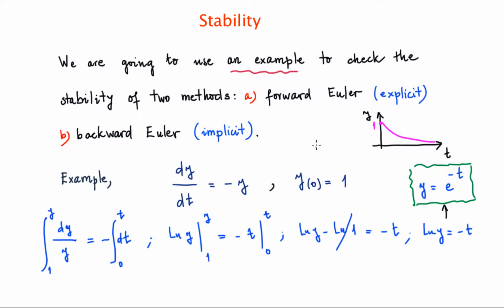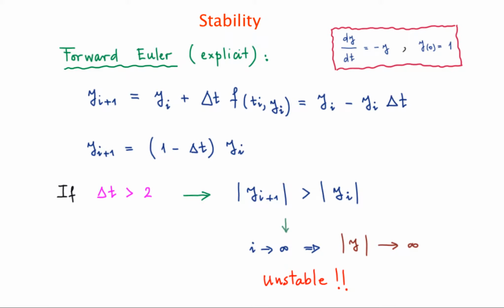So now we are going to apply the two methods we have derived before. Let's start with the forward method. This is an explicit method, as we said before, and this is the method that we derived.